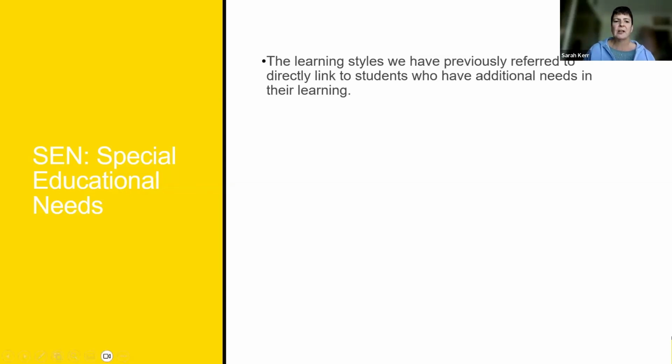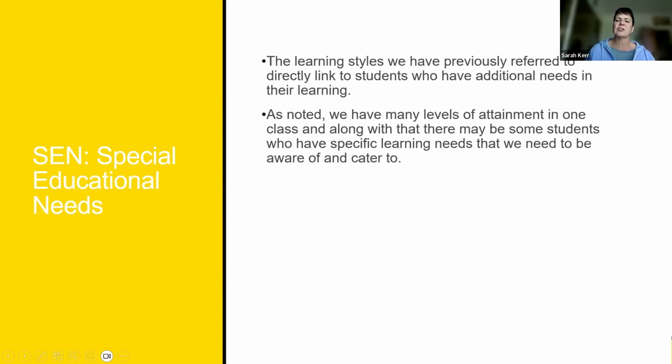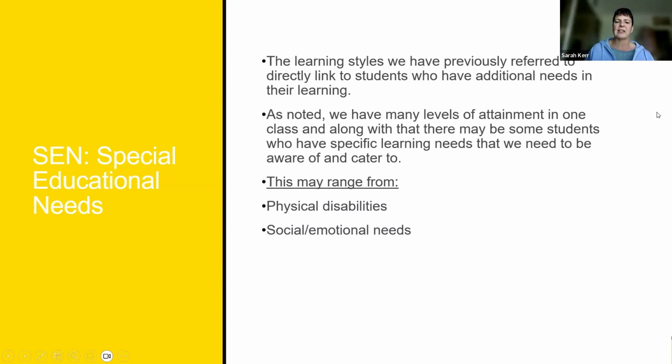Thank you. So a few notes on the PowerPoint then. The learning styles that we've previously referred to directly link to our students who do have additional needs. So we need to prepare our lessons in different styles to suit the various abilities, attainments, and learning styles. We need to think about whether they have physical disabilities, a hearing impairment, or a visual impairment, and how we are supporting that.